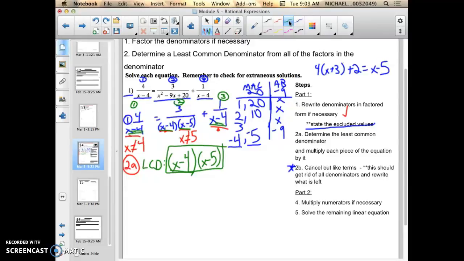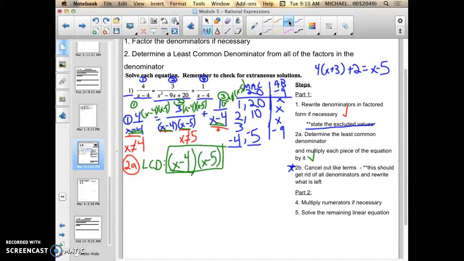So I multiply my 4, the numerator, by x minus 4, x minus 5, my 3 by x minus 4, x minus 5, and my 1 by x minus 4, x minus 5. It's going to get a little small here. Alright, at that point, I've multiplied each piece of it by the equation. So I am done with step 2a.